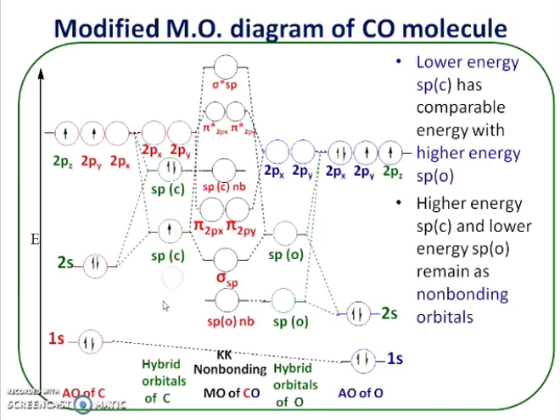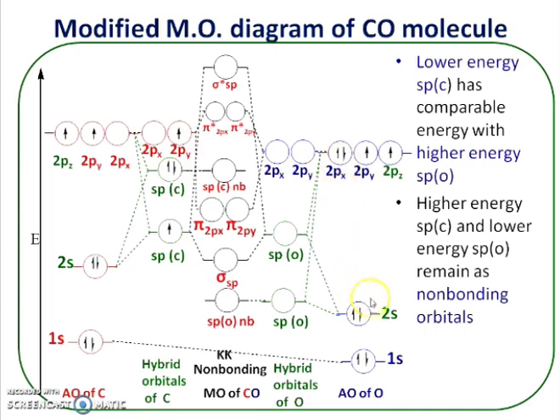In the higher sp hybrid orbital there are 2 electrons, and so from the 2s orbital 2 electrons and 1 electron from the 2pz orbital, altogether 3 electrons, are accommodated in sp hybrid orbitals, and the rest electron that is present in the 2py orbital is present as it is, there is no change.